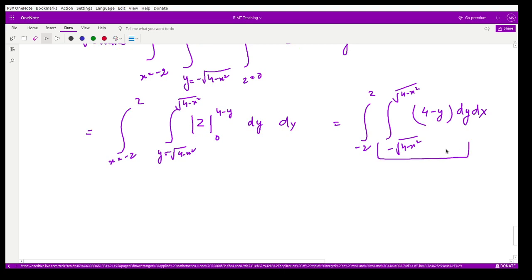Now, this is an odd function, right? This is not an odd function.